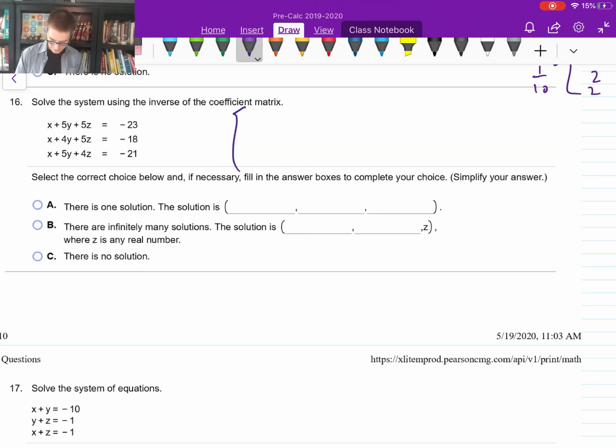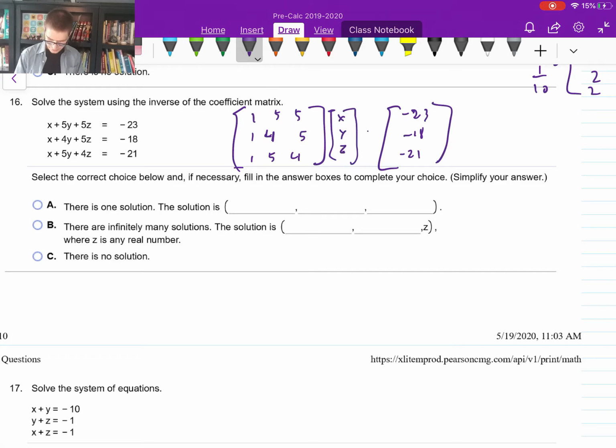We'll write the coefficient matrix 1, 5, 5, and then 1, 4, 5, and 1, 5, 4. That's the coefficient matrix. And our constant matrix is 23, negative 18, and negative 21. Our variable matrix is x, y, and z.